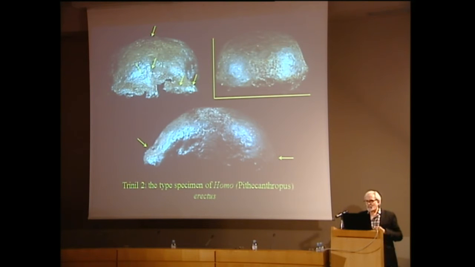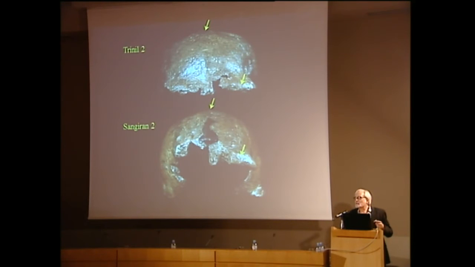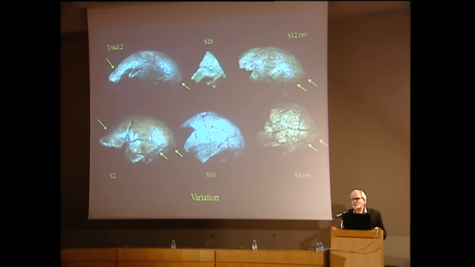and of course the well-known V-shaped occipital. So we can go from the Trinil 2 specimen easily to Sangiran 2 in terms of features of the cranium, in terms of the depression in the brow, which is unique to these two specimens, and also we can then refer to other specimens from Sangiran that I think share the same unique features of the type specimen, but in this sample represent individual variation from something that's very gracile to something that's very robust, as in this Sangiran 4 specimen.